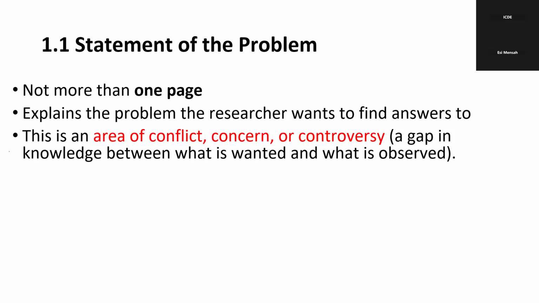So if you are doing your study using GCTU as a case, what is the issue at GCTU for which this study is warranted? That is a question you should ask yourself. What is the problem at this place if you're going to do your study at Ghana Port? What is the problem at Ghana Port? For which reason is this study needed?